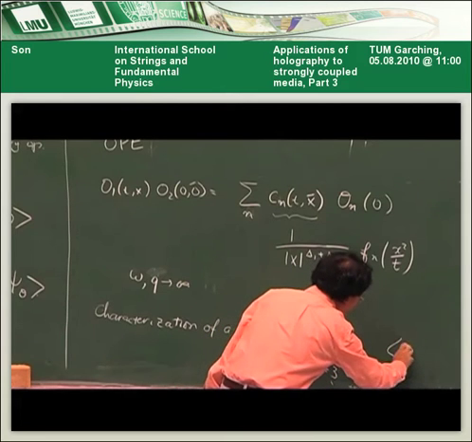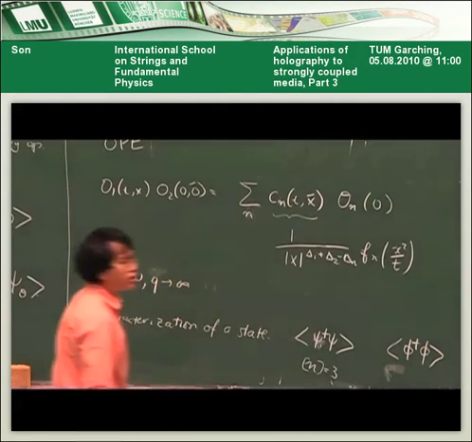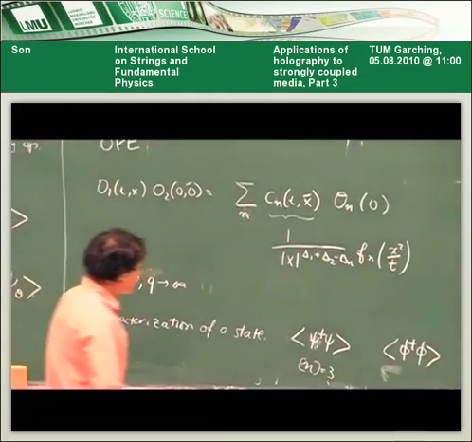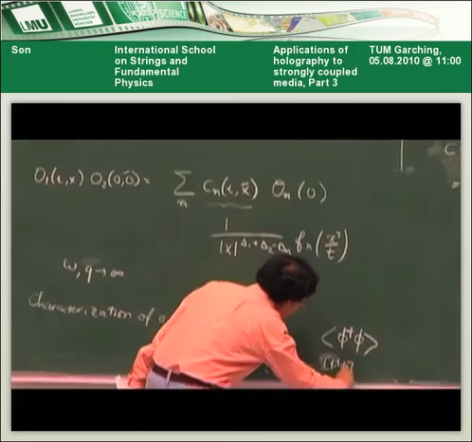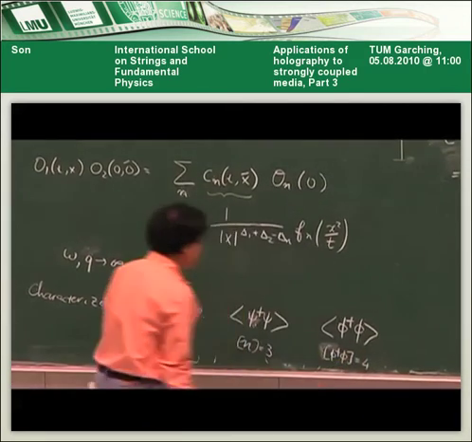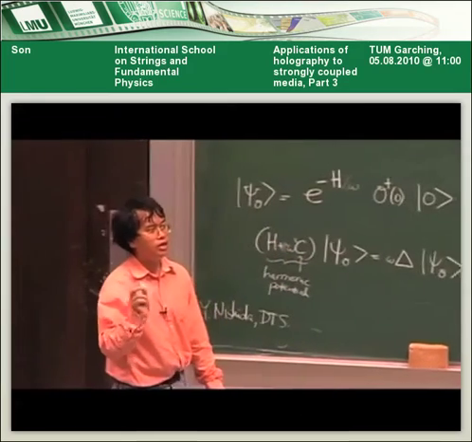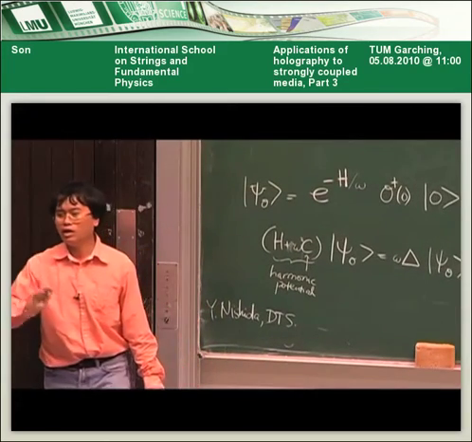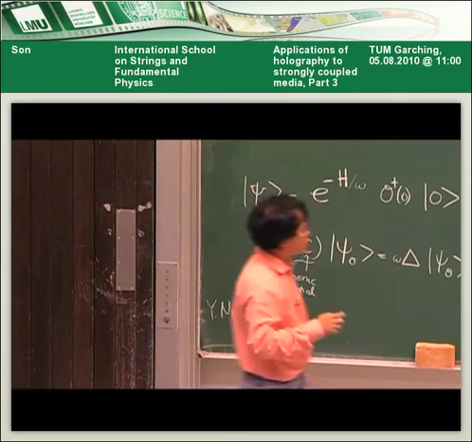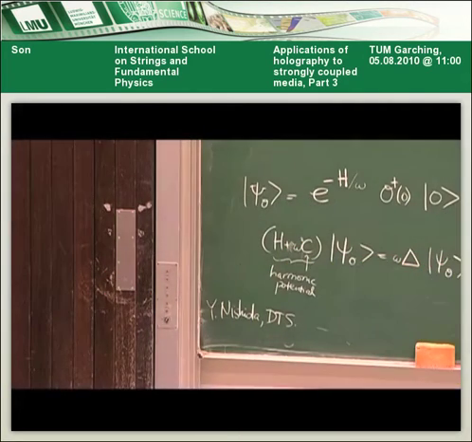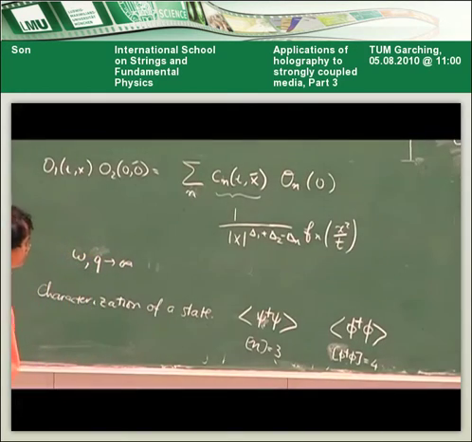Or you want to know the expectation value of phi dagger phi. That operator has dimension 4. These are the two scalar operators with lowest dimension that are neutral under charge rotation. So in many cases, the second one would contribute to the physical quantities.